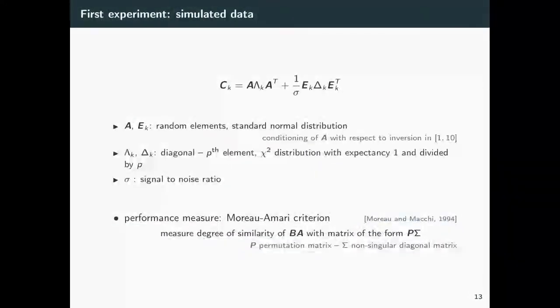So from there, we have tried all these different divergences to perform approximate joint diagonalization on simulated data.